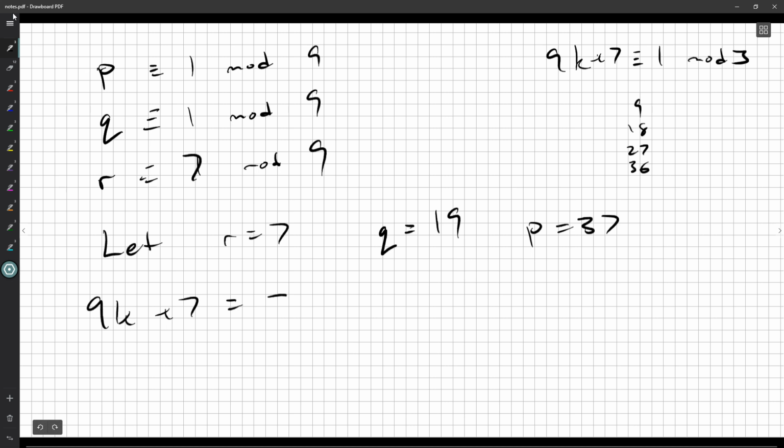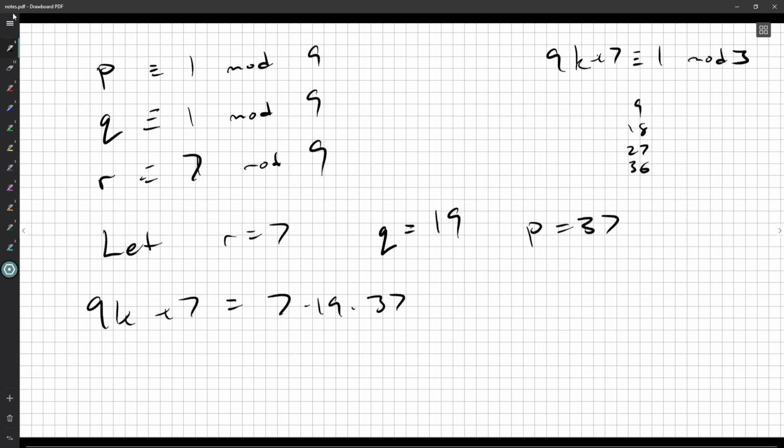So 9k plus 7 is 7 times 19 times 37. I wonder if there's an absolute smallest one that'll work, but this should be fine. I think I'm going to have to grab my calculator for that.